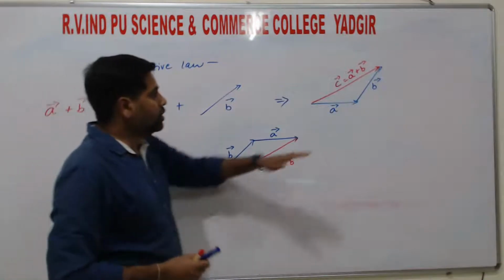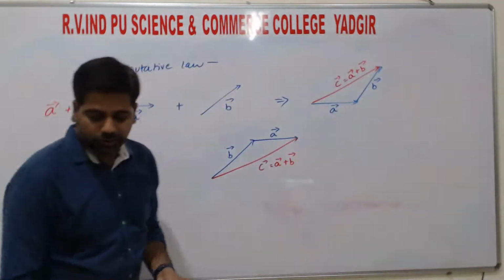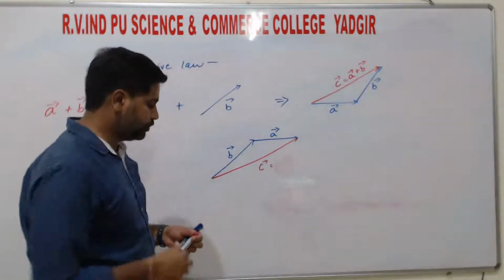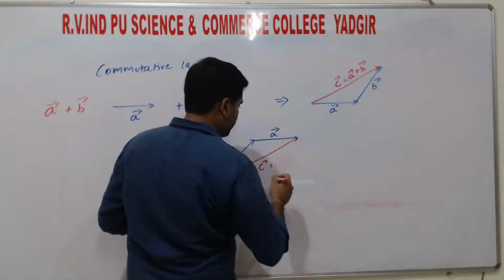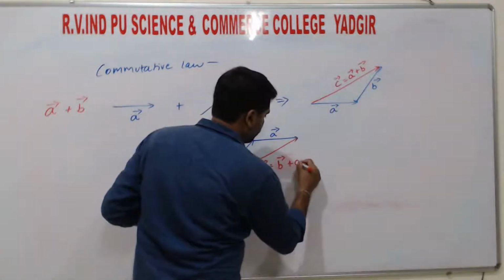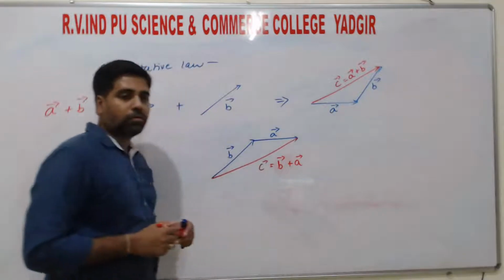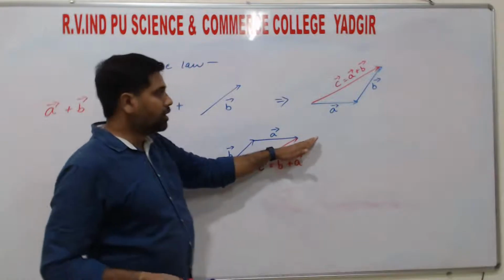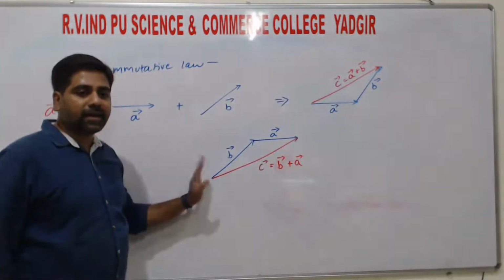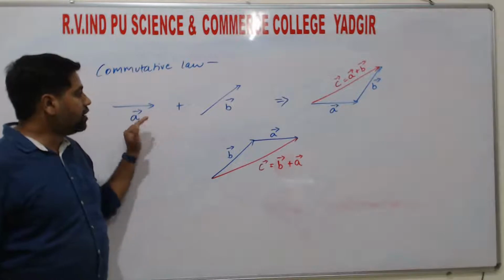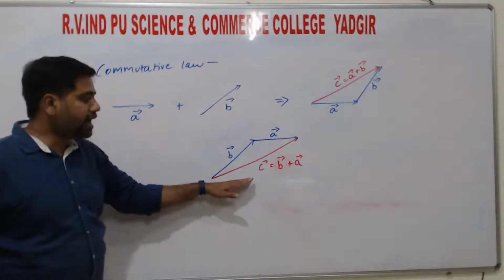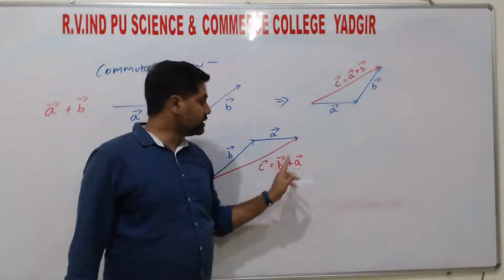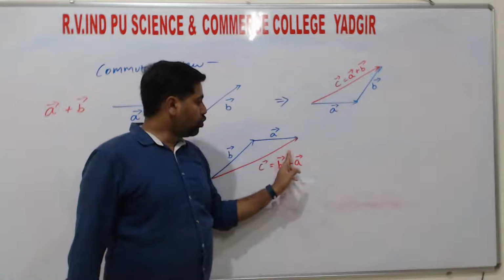Now if we observe here, this one is vector B plus vector A. In these two, we have the resultant in the same direction and it has the same magnitude, but we added A plus B here and here we added B plus A. The resultant gives the two red lines.